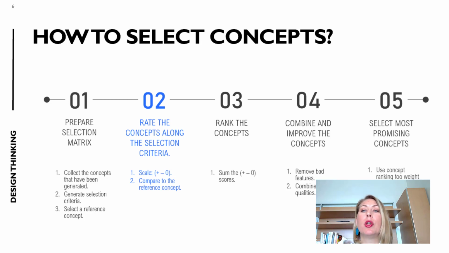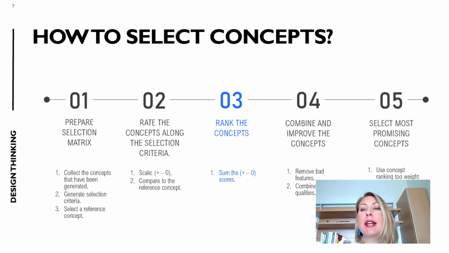And how well does concept B satisfy our criteria? And so on. At this point, we're just asking whether or not the concepts satisfy the criteria. We're not asking how well they satisfy it. We're doing this by simply indicating if the concept is better than the reference concept with a plus sign, worse than with a negative sign, or the same as with a 0 sign.